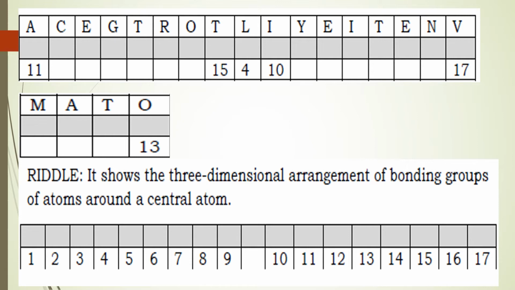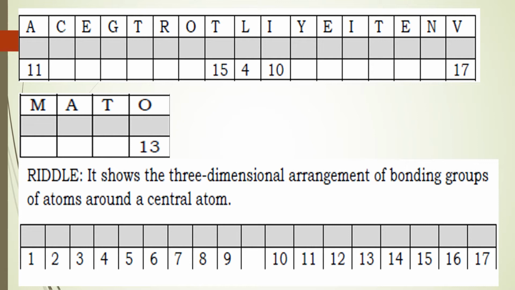Now for the riddle, the hint would be: it shows the three-dimensional arrangement of bonding groups of atoms around its central atom. What do you think that is?